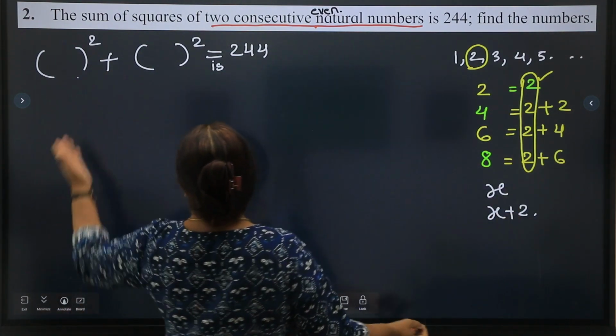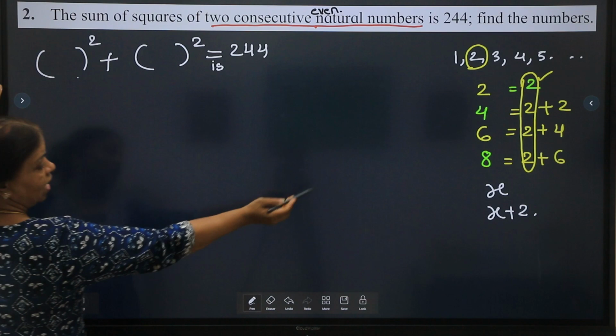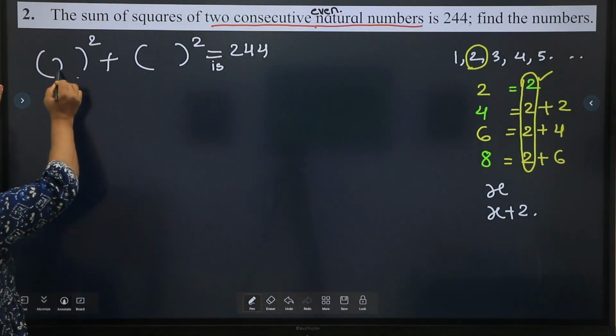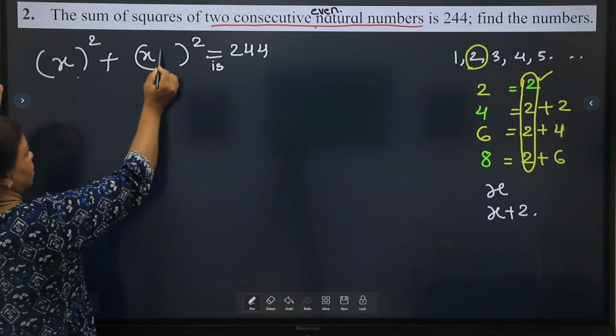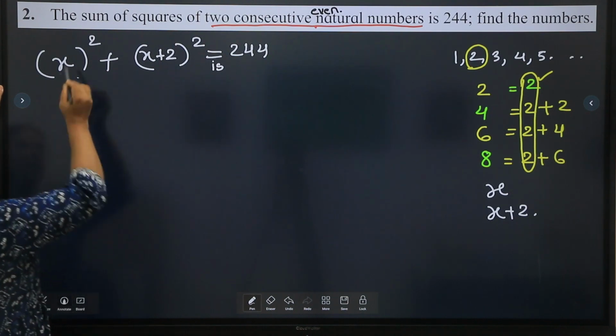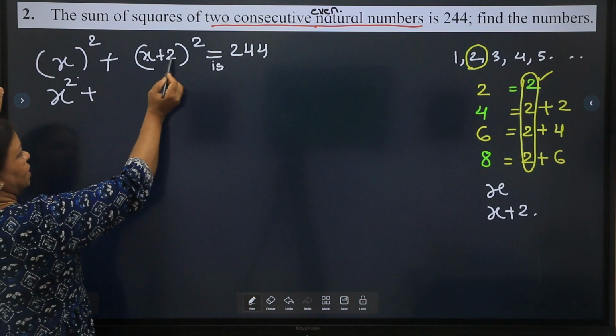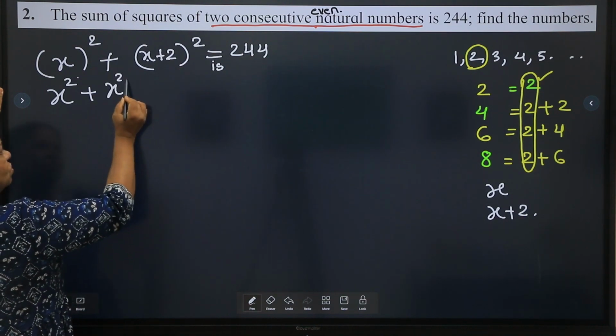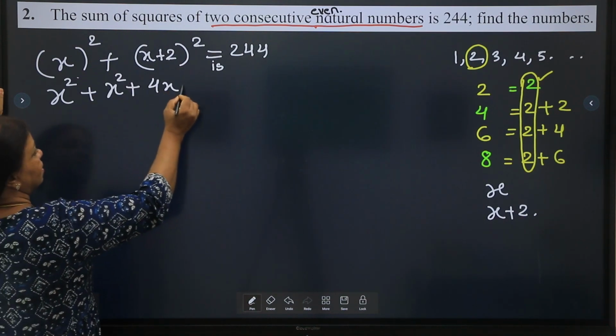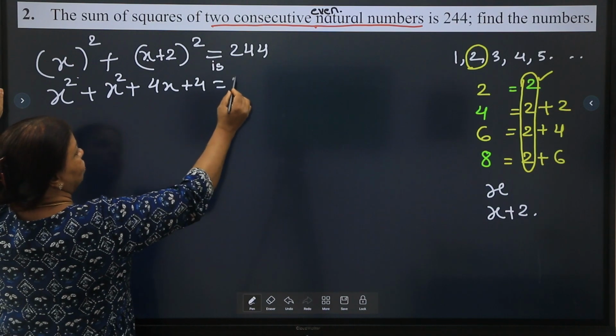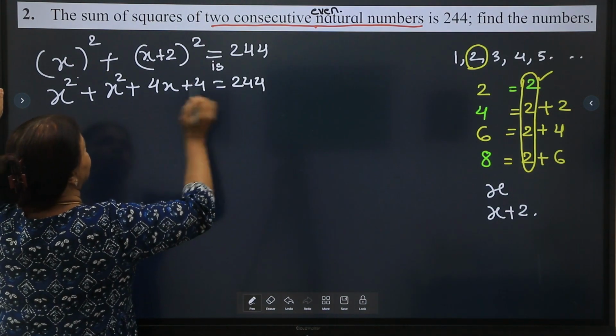So the sum of the squares of the consecutive even natural numbers x and x plus 2: x square plus (x plus 2) whole square, that is x square plus 4x plus 4, is equal to 244.